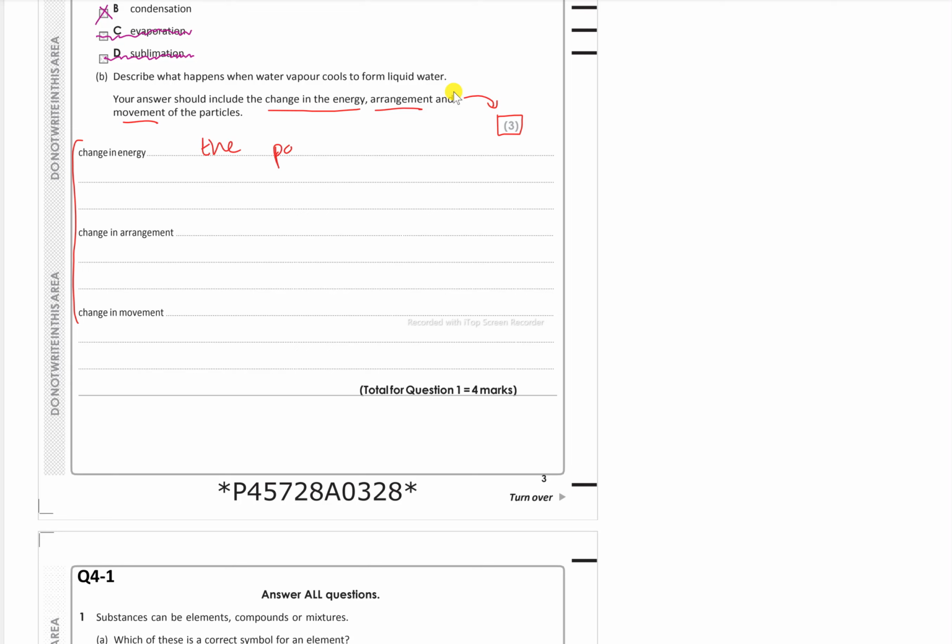So the particles lose energy. Right, so that's what's happened. They move closer together. Energy, arrangement, and movement. Right, then they start moving.